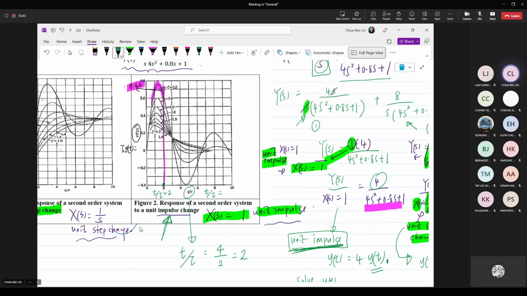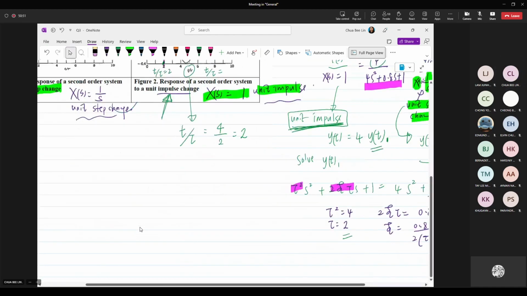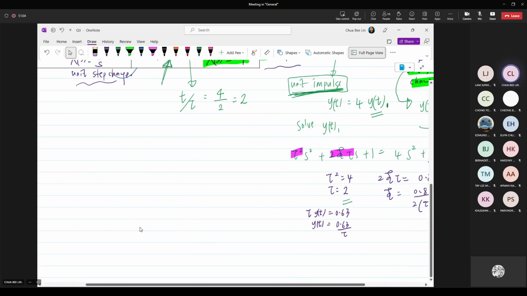So you'll be having your tau YT equivalent to 0.63, YT equivalent to 0.63 over tau, where your tau is 2.